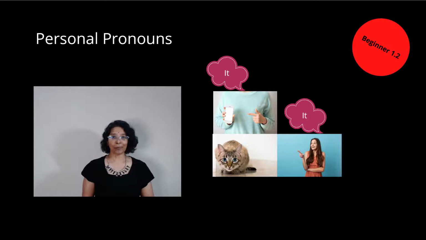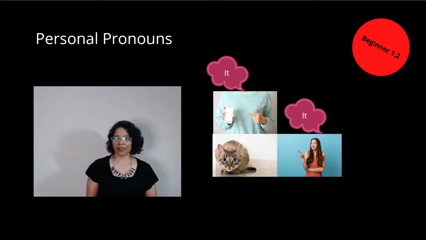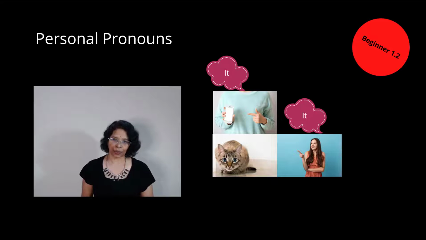The personal pronoun it is used for things or animals. In this case, it is a new phone. It is a cute cat. Now, with regard to using it for animals, it only applies if the animal does not have a special name.